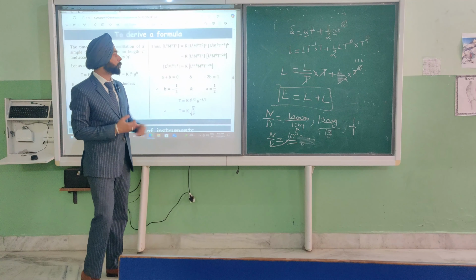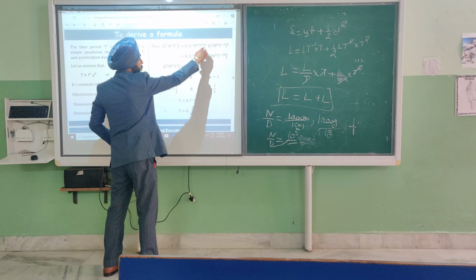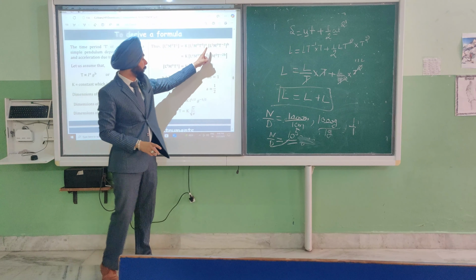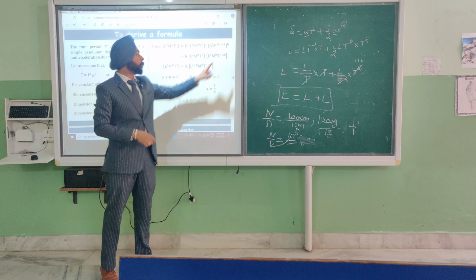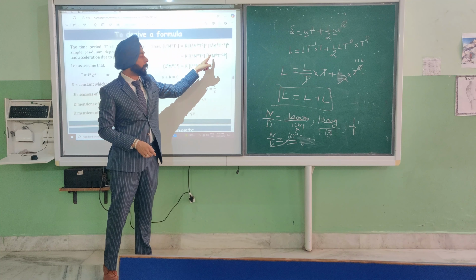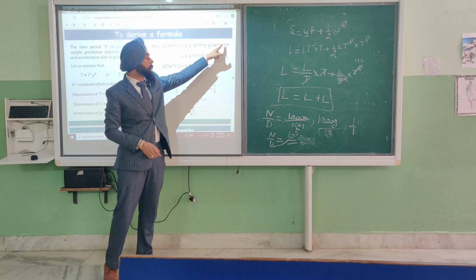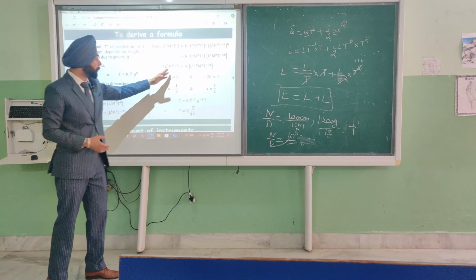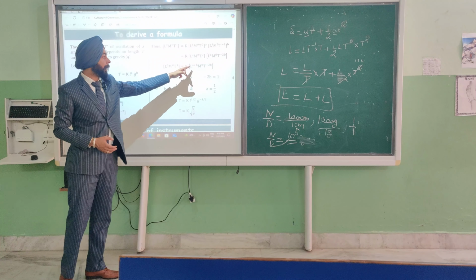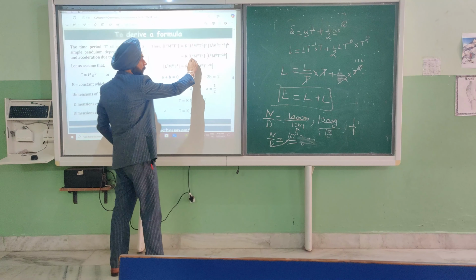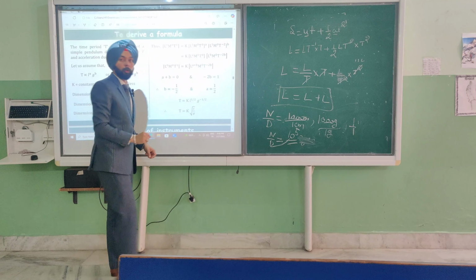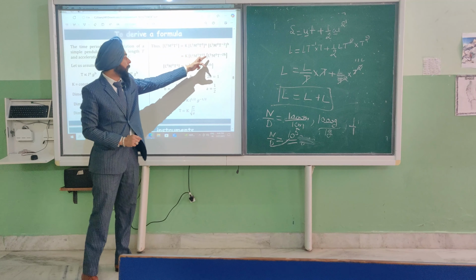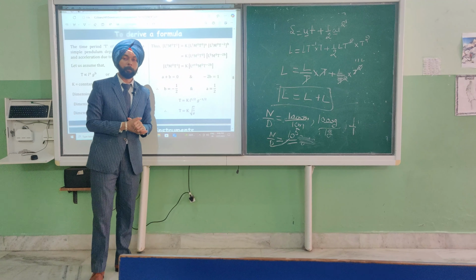Now k is the constant, so M0 L1 T0 to the power a, and L1 T minus 2 to the power b gives M0 T to the power minus 2b. Now 1 by 1, t1 is equal to k L^(a plus b). L to the power a is here and L to the power b is also here.